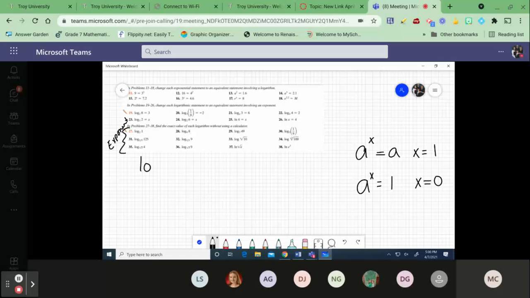So if I have log base 2 of 1 is equal to x, what would that look like as an exponential expression or equation instead of a log?